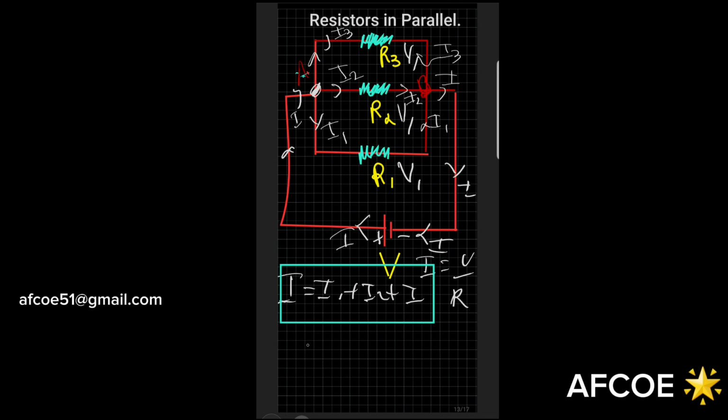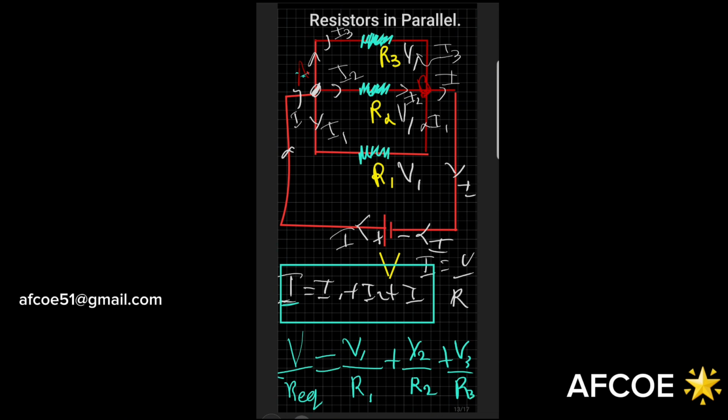So if I call that resistance R equivalent, then the current which is leaving will simply be V on R equivalent, and that has to be equal to I1 plus I2 plus I3. So V over R equivalent has to be equal to V1 on R1 plus V2 on R2 plus V3 on R3.